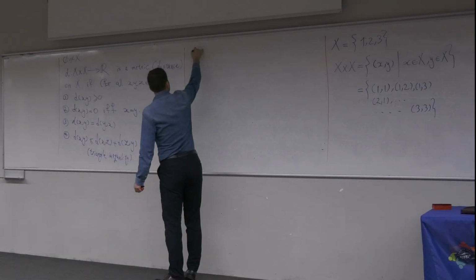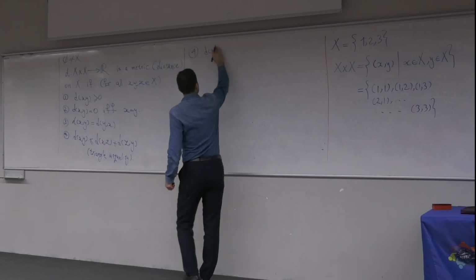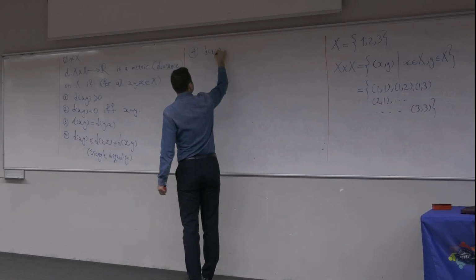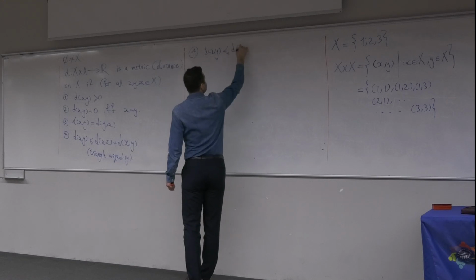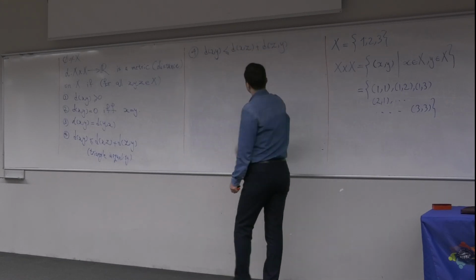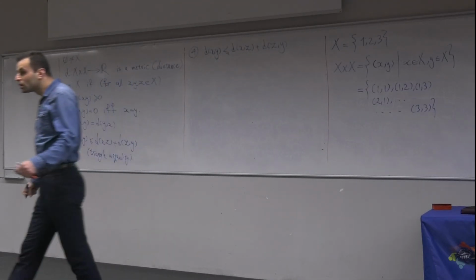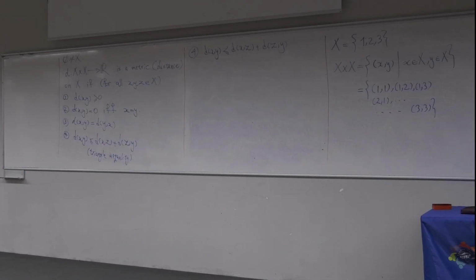Let me repeat it here. d(x, y) is less than or equal to d(x, z) plus d(z, y). What does this mean? Yes, exactly. Can you please also let us know your name? Elif. Good.